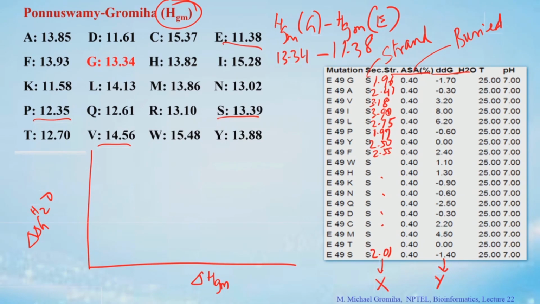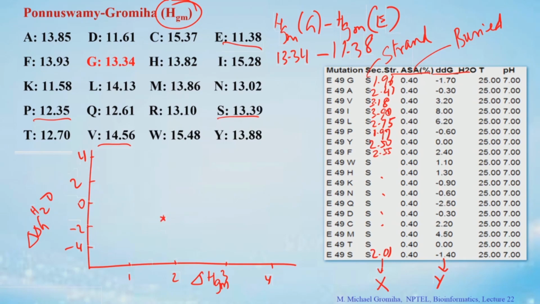You can plot first, and if you take 1.96, 1, 2, 3, 4, so 1.96 and minus 1.7, with the axis marked minus 2, minus 4, 0, 2, 4. In this case, what is the number? 1.96 and minus 1.7, somewhere here.